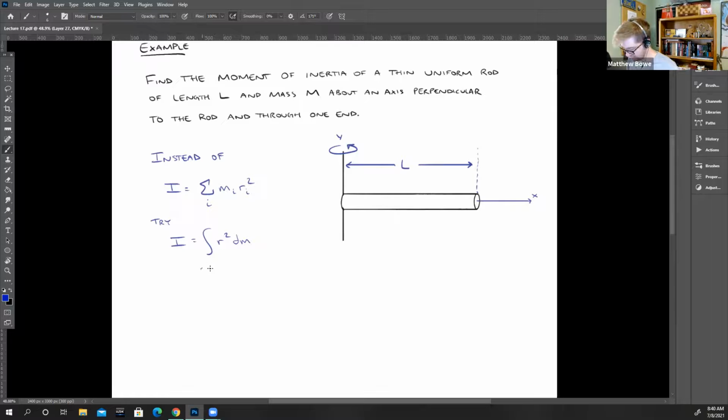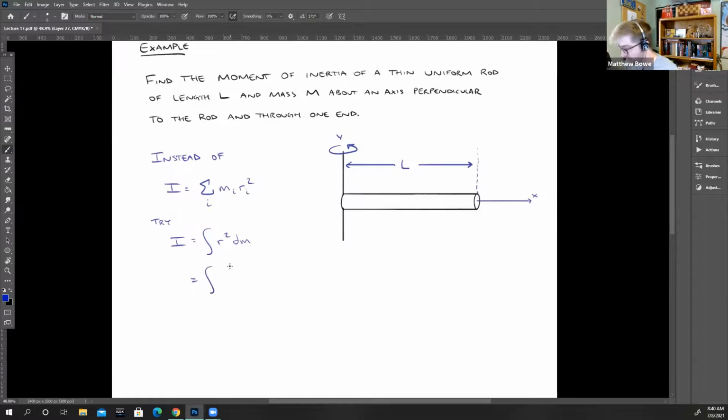So what I have in this equation right here is the exact same thing as above. But on our coordinate system right here, let's examine this a bit more. We have this object extending in the x-axis.